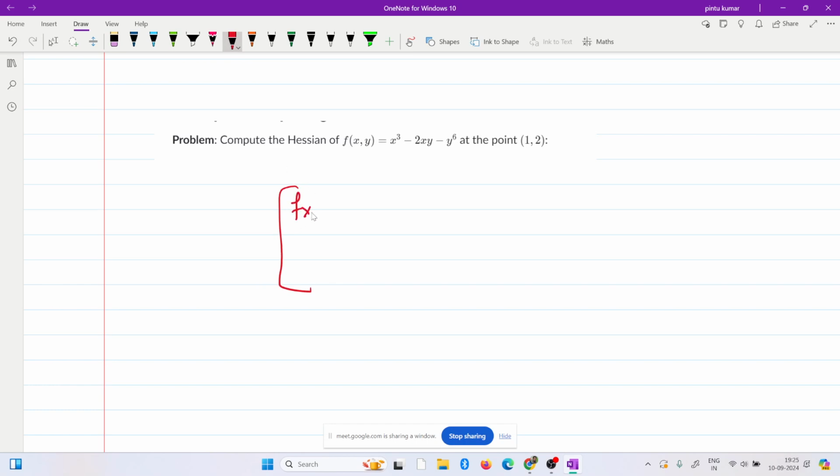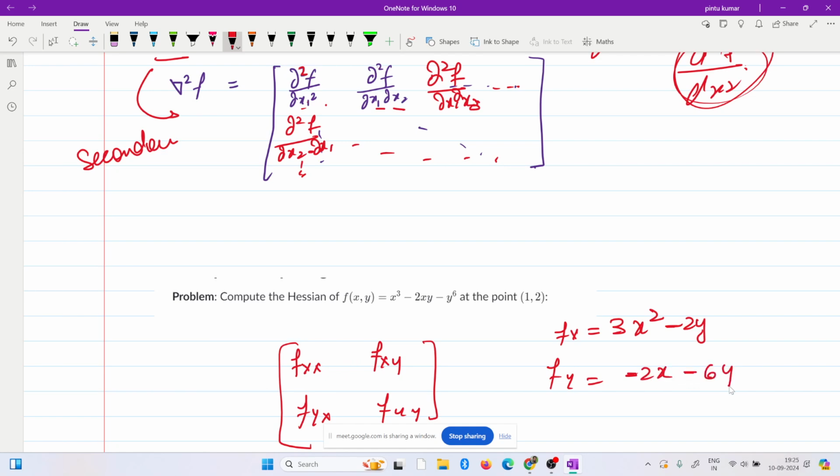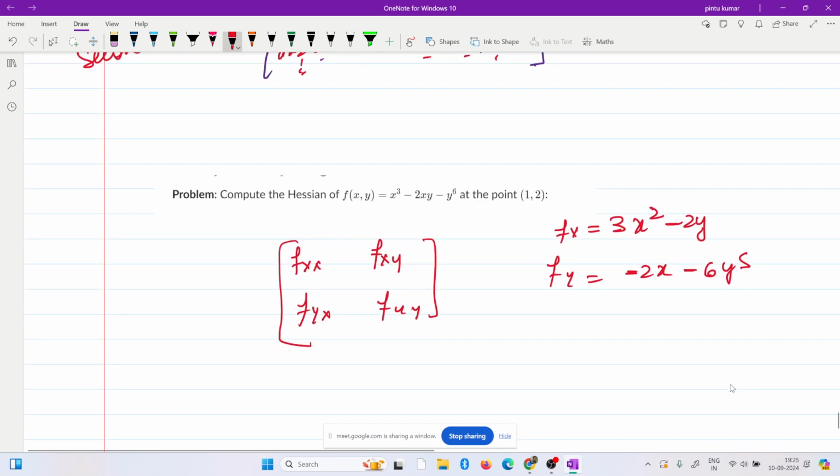It would look like f of xx, then f of xy, f of yx, and f of yy. These two are the same. First of all, let's calculate f of x. F of x is given by 3x squared minus 2y, and f of y is given by minus 2x minus 6y to the power 5. Now we will calculate these values.